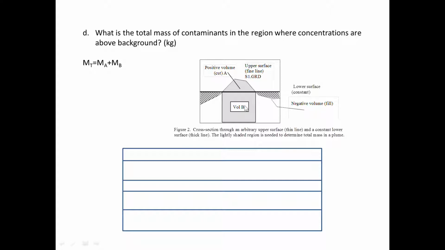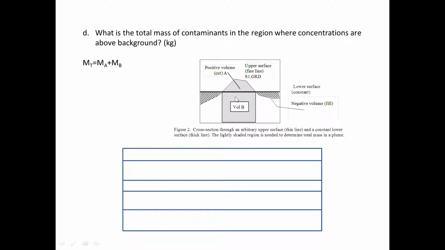And then this volume B, and again volume is in quotes, but volume B would be the mass that's within the 2,000 contour, that is really provided by water that is at 2,000 micrograms per liter.